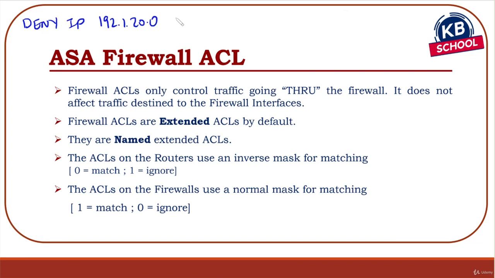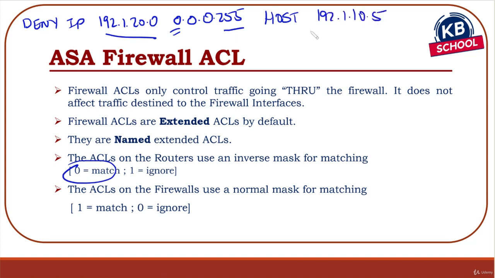So the mask over here would have been 0.0.0.255, where 0 is an indication that you want to match it, and 1 is an indicator I don't really care what the host address is. I want to match the first 3 octets. Permit IP any, and you can specify, let's say, a host over here, like 10.5 as an example. So I'm blocking any traffic coming from the 20 network to that host.